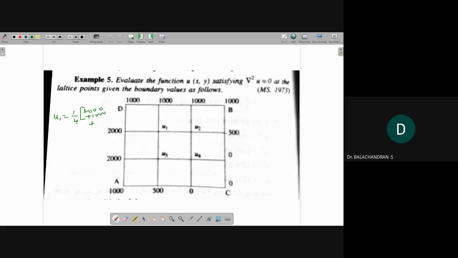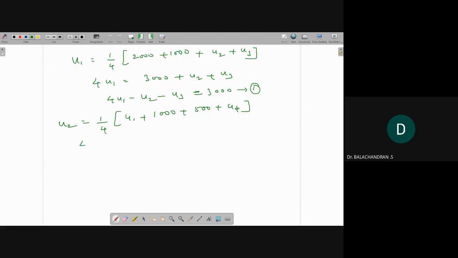So 4u2 equal to u1 plus u4 plus 1500. So u1 minus 4u2 plus u4 equal to minus 1500. This is equation 2.